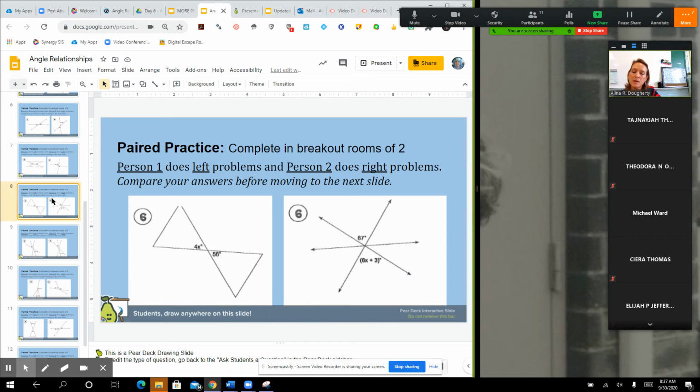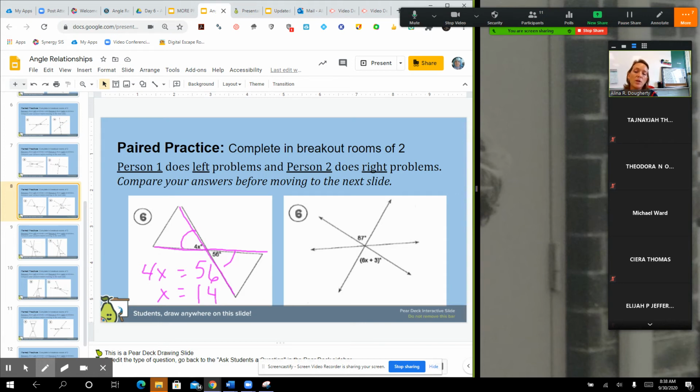Yep. So slide 8. How am I going to set up that equation? They are both congruent, absolutely. 4x equals 56. So 56 divided by 4 is 14.